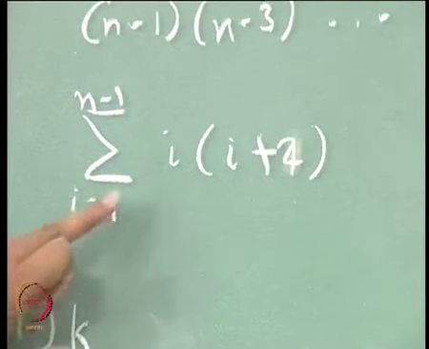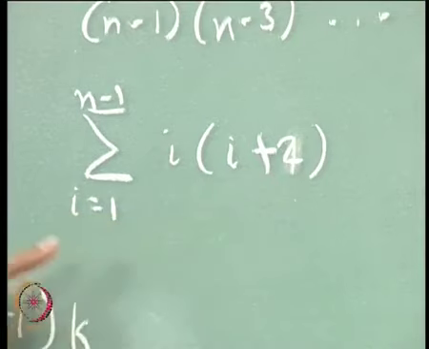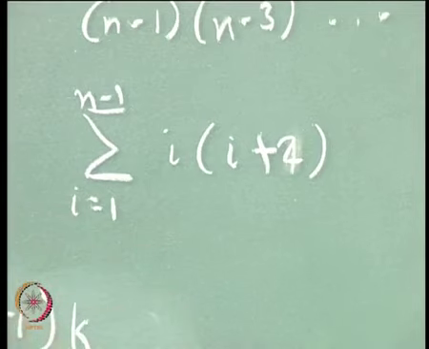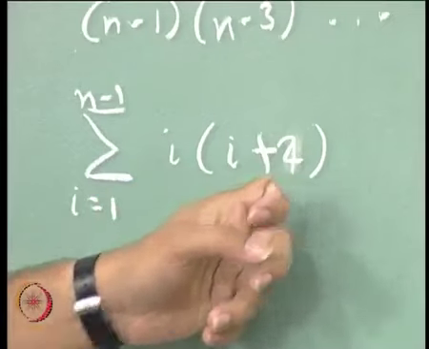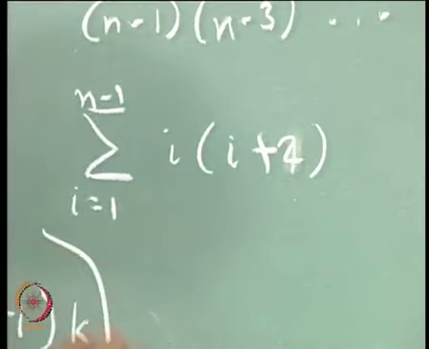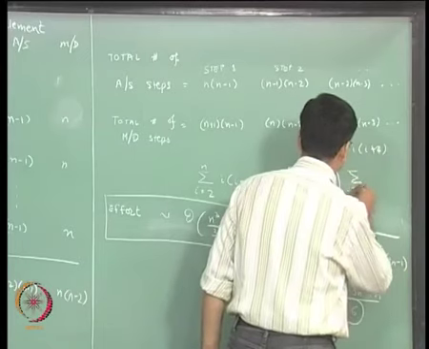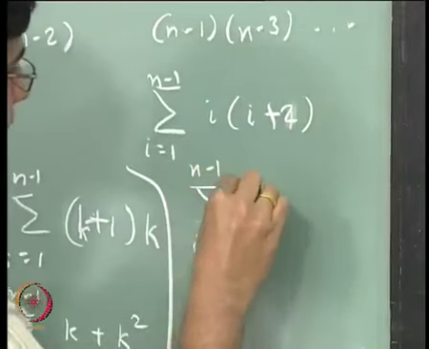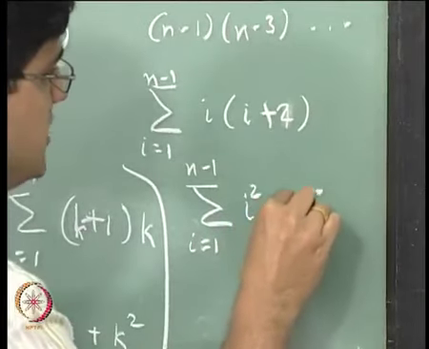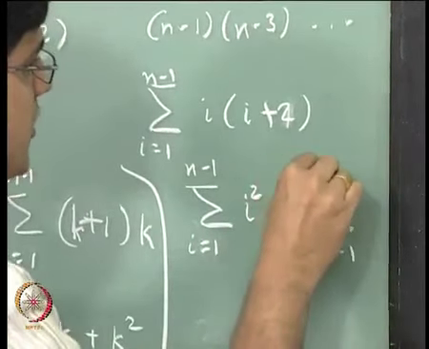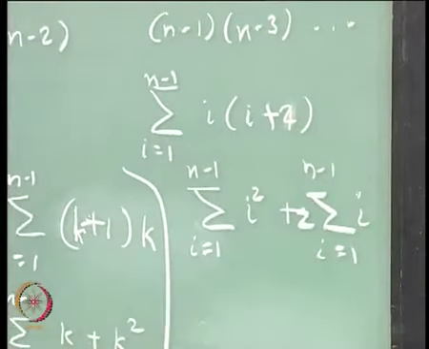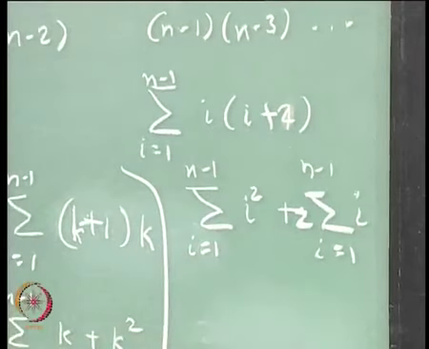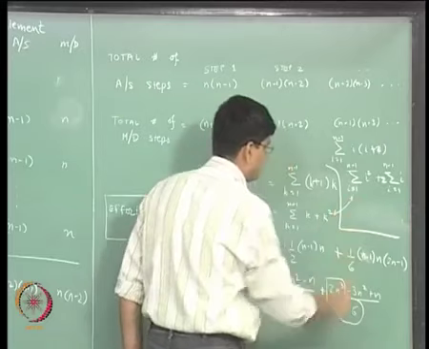So at 1 it is going to be 1 multiplied by 3, plus 2 multiplied by 4, plus 3 multiplied by 5, and so on up to n minus 1 multiplied by n plus 1. We can expand this as the summation I equal to 1 to n minus 1 of I squared, plus 2 times the summation of I. And this summation of I squared is the same as the summation of I squared before.